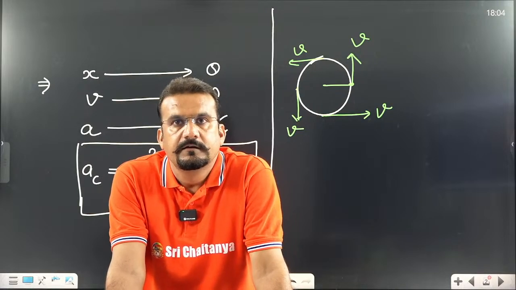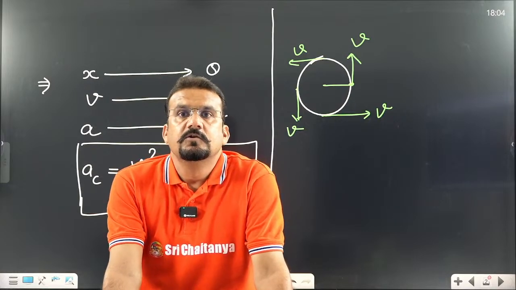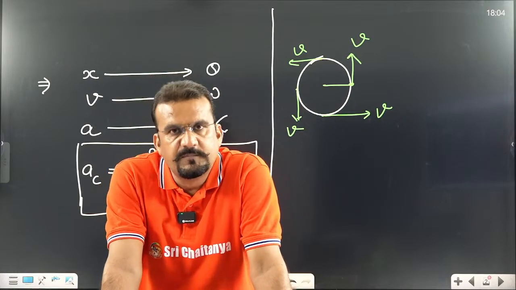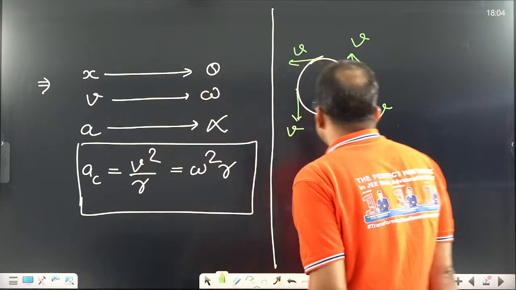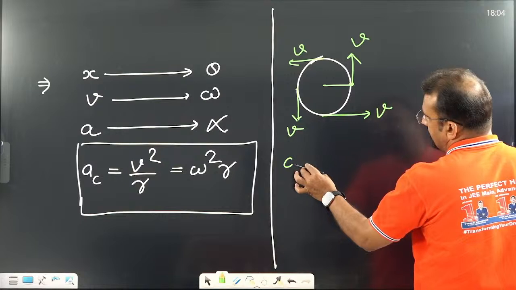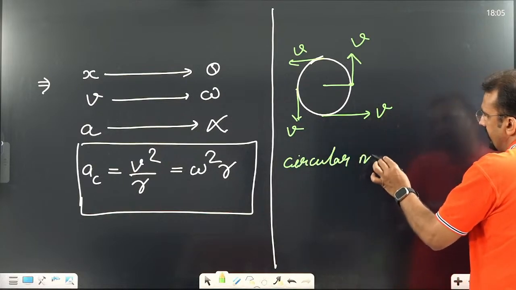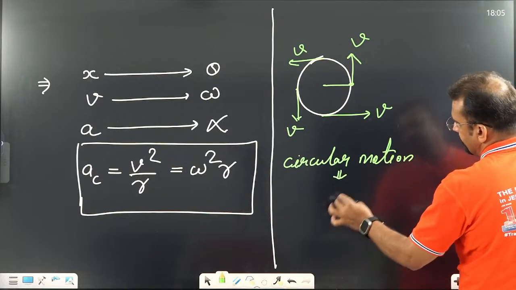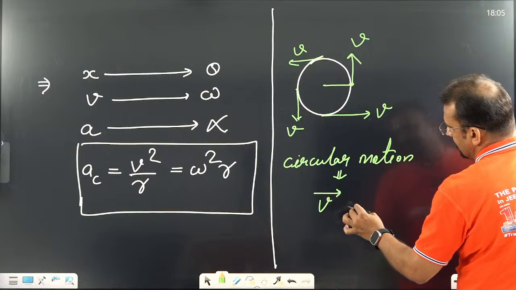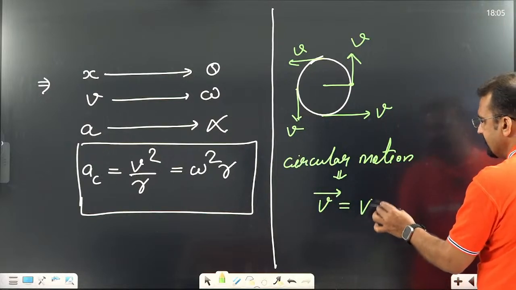That's why yesterday also I told you, just make a note that no circular motion is possible with constant velocity. Very, very important. Whatever circular motion it may be, velocity is always variable.